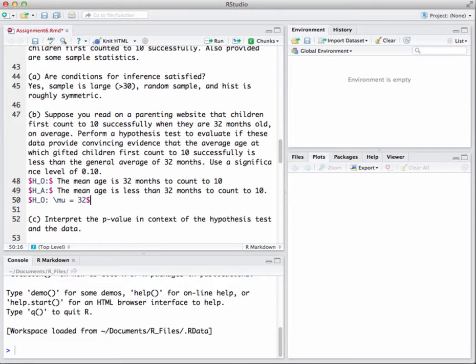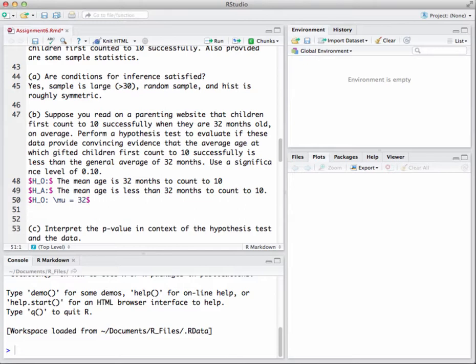The population of gifted children, the mean age is still 32 months. Versus the alternate hypothesis, which is stating what? Well, our alternate is saying that the mean age is going to be less than 32 months. So just the standard less than symbol. Okay, all right, so that's what our null and our alternate say.